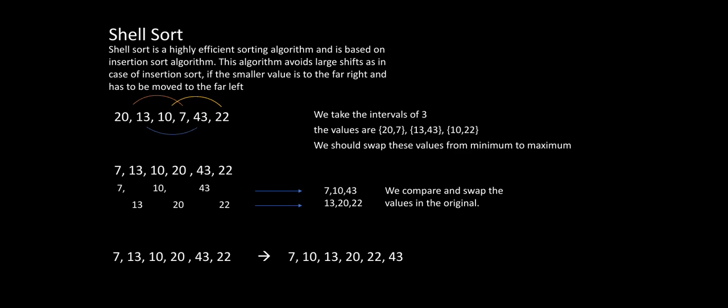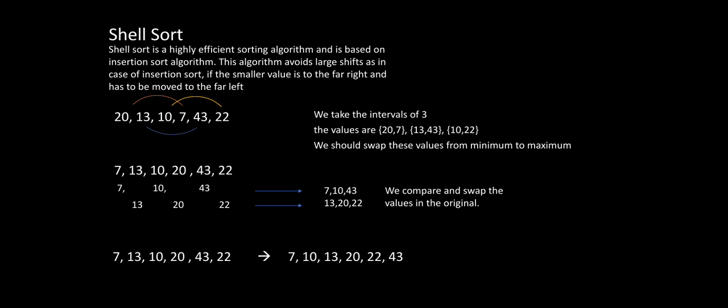And we swap the values from minimum to maximum. So 20 and 7 we're gonna swap, maging 7, comma 20. And the rest the same. So the final output of the first pass is 7, 13, 10, 20, 43, 22.